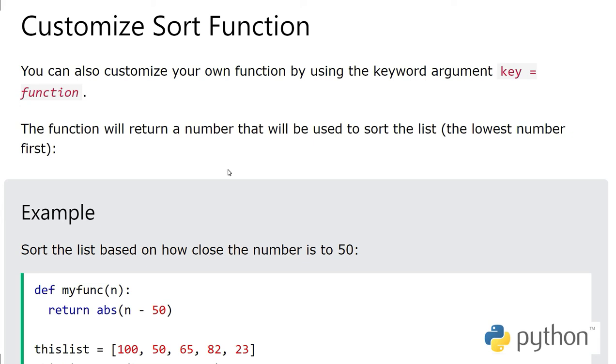The only change we made was reverse equal to true, so that ascending or descending order can be changed. Now you can also customize your own function by using the keyword argument key is equal to function. The function will return a number that will be used to sort the list, the lowest number first.